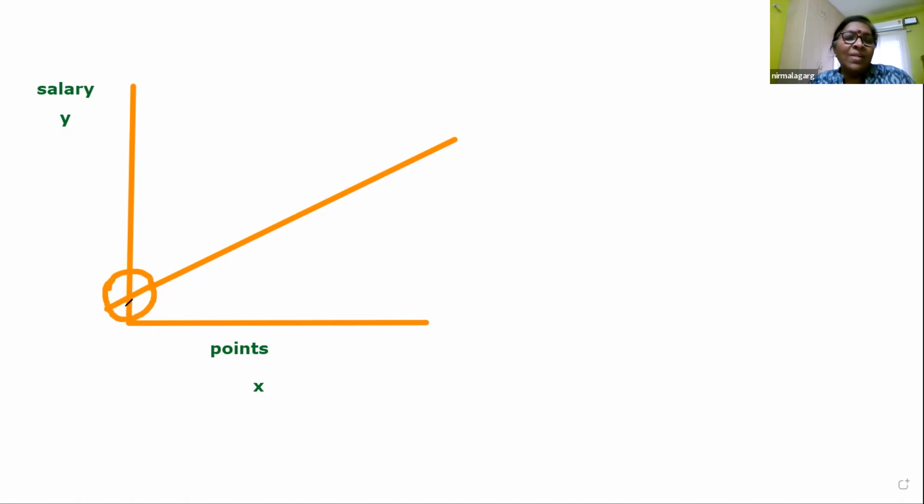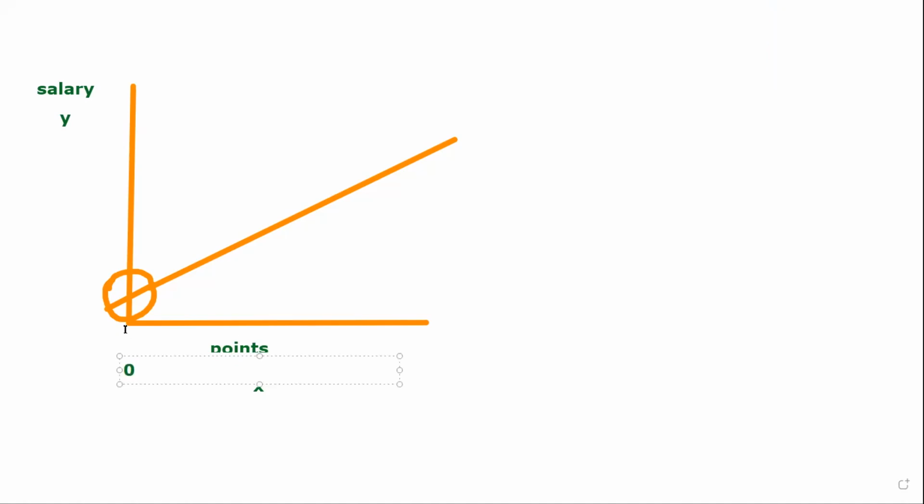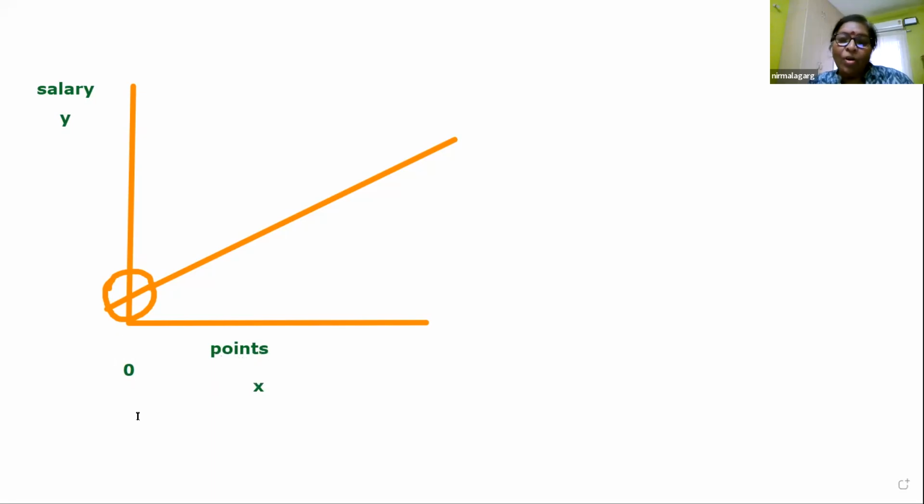Now, when it cuts into this line, what is the value of the points here? The point value is 0. Will all of you agree that the point value is 0 here? So the intercept value is what you get when the pay line cuts into this Y line.